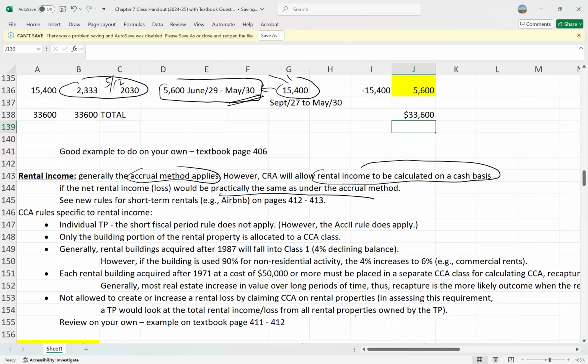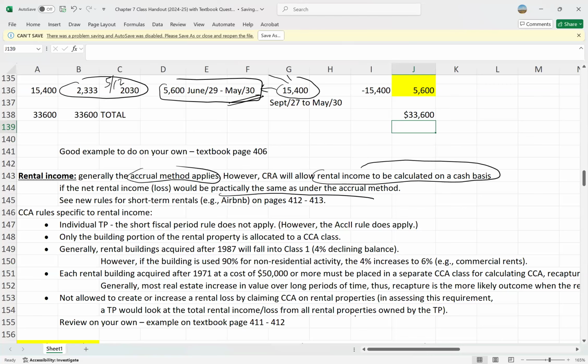So the CRA rental guide says you can use the cash method to calculate your rental income to report on your tax return, as long as it's going to be pretty much the same or comparable to the amount under the accrual method. So that's the one difference here: you can use the cash basis, but once again, provided that it will provide similar results as the accrual method.